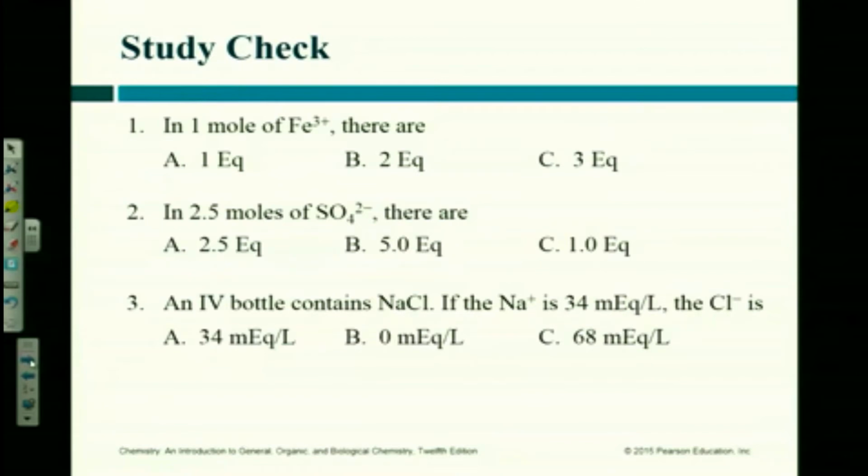Okay? An IV bottle contains sodium chloride and only sodium chloride. If sodium is 34 milliequivalents per liter, the chloride concentration is 34 milliequivalents per liter. They have to be the same, if that's all that's in there. Okay? What was the second one? 5. 2.5 times 2 is 5, right?